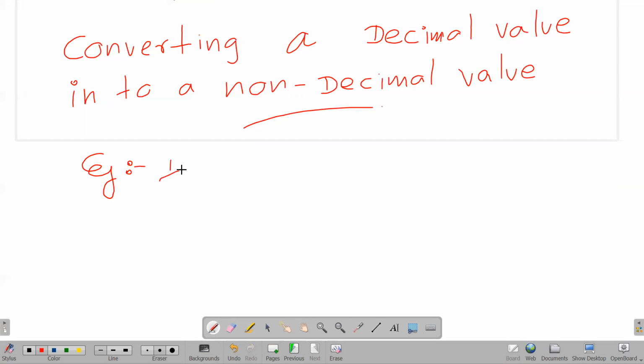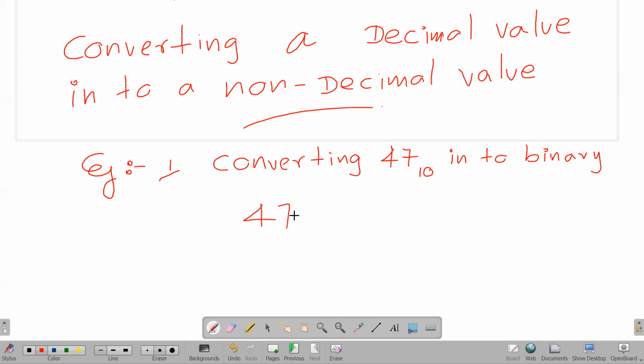What I'm trying to do is converting 47, which is a decimal value, into binary. So our task is converting the value 47, which is in decimal, into a binary value.